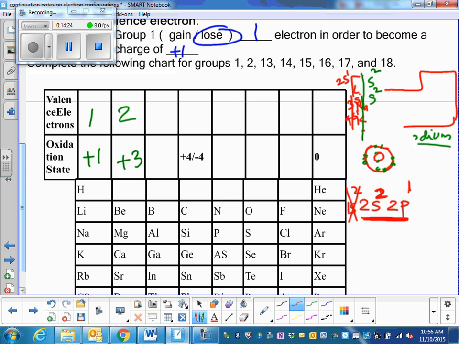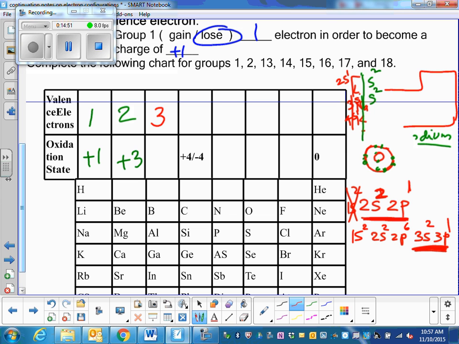How many valence electrons does boron have? 3. If you look at aluminum, aluminum's electron configuration is 1s2, 2s2, 2p6, 3s2, 3p1. If you look at the highest energy level, how many valence electrons does aluminum have? 3. So, all group 13 elements will have 3 valence electrons.